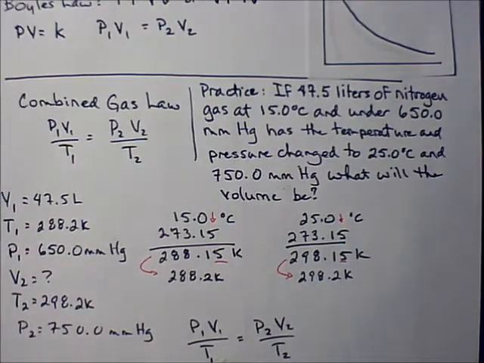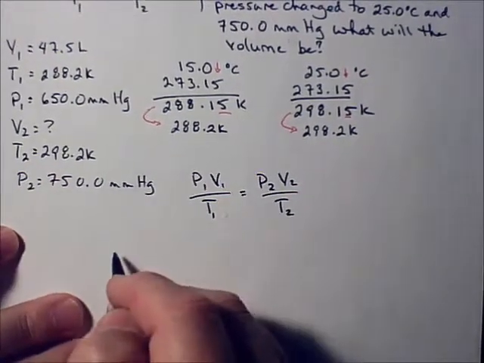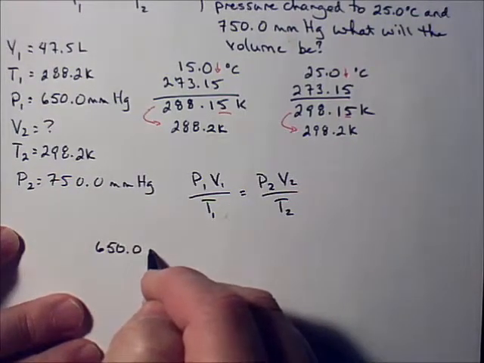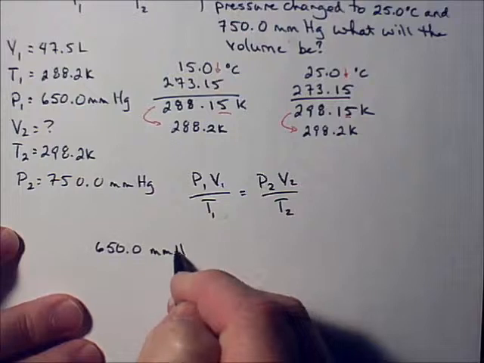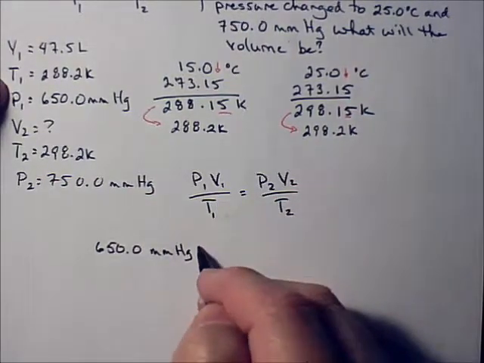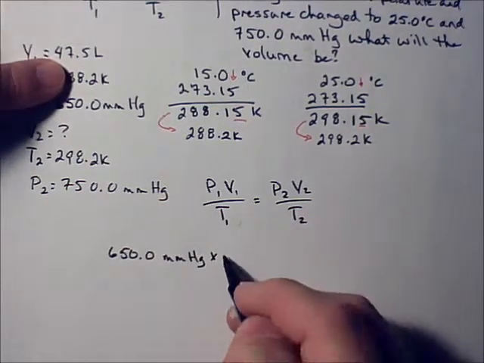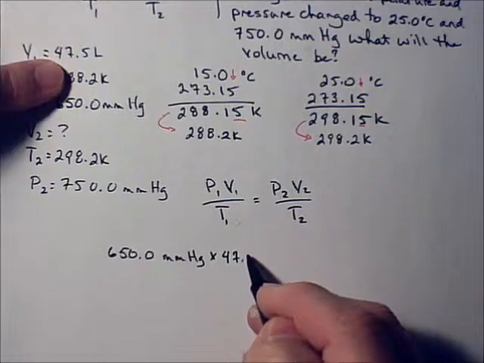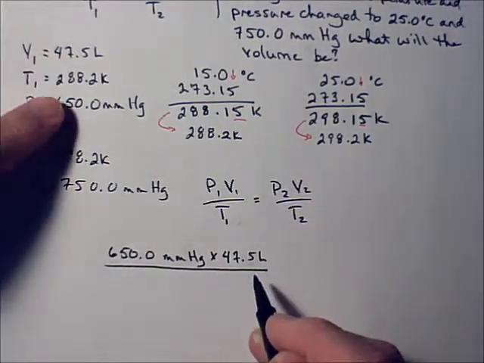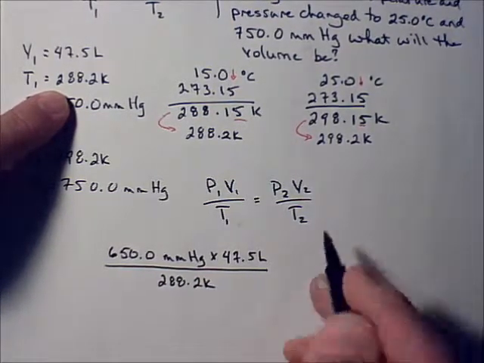Then we're going to plug in what we have. We have P1, that's 650.0 millimeters of mercury, right here. Volume we know is 47.5 liters. And the temperature 1 we know as 288.2 Kelvin.